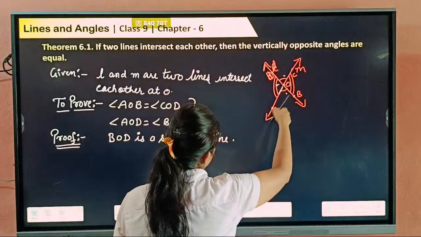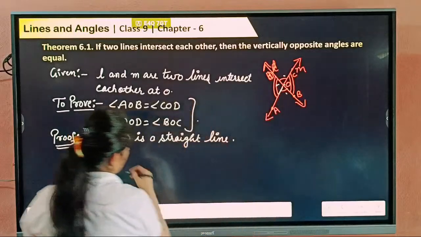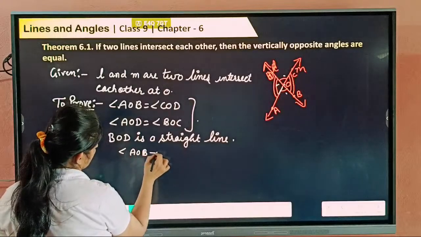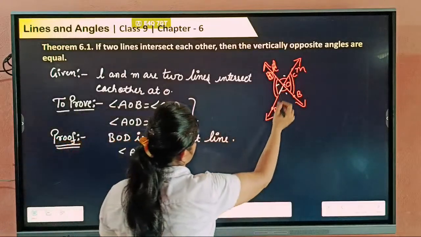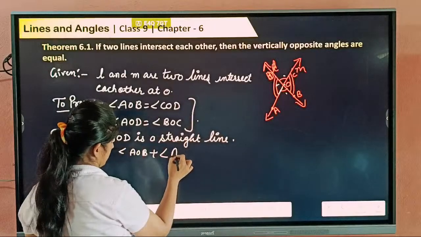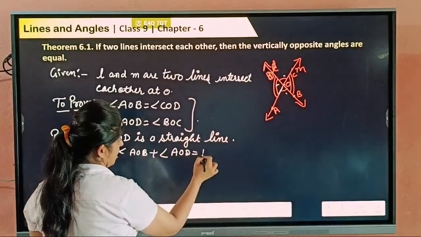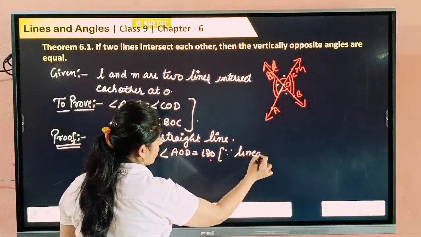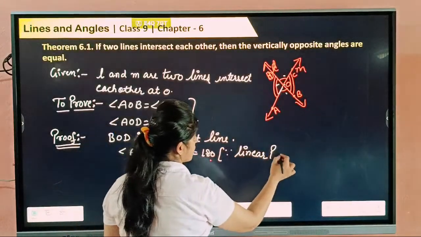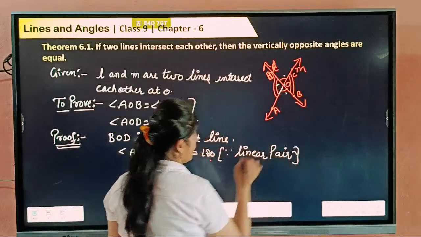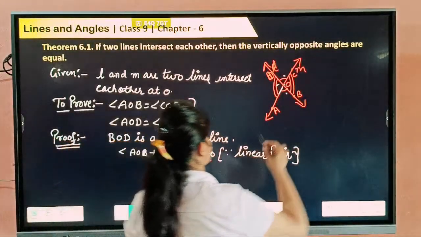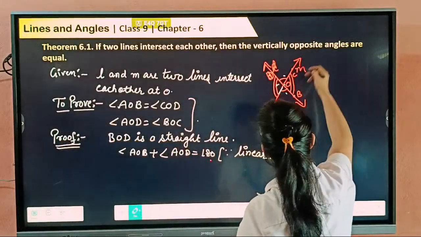So angle BOA, AOB, plus angle AOD is equal to 180 because of linear pair angles, right? Linear pair sum is 180 degrees. Now I am taking this AOC.